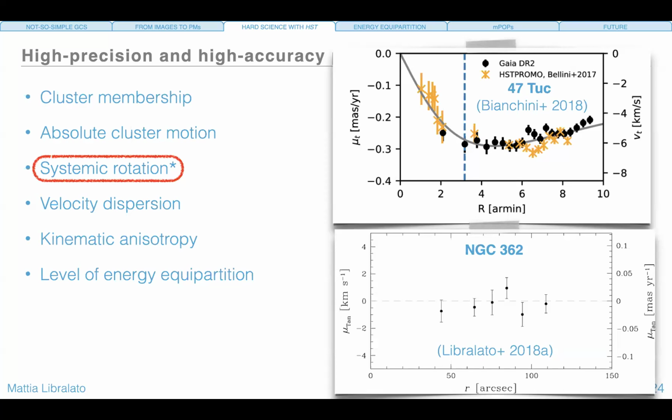And he showed that the models from the Baumgardt database are just overestimating the expected rotation there, because they are extrapolated from the half-light radius or whatever. So there are multiple ways to do that, not only with those that have something in the background. You can also use Gaia, but of course, it depends on how many stars Gaia has there.